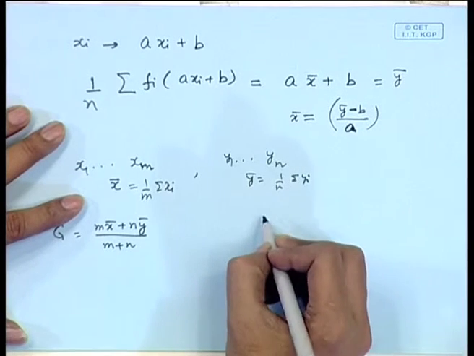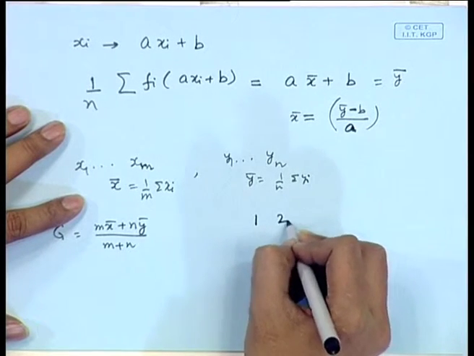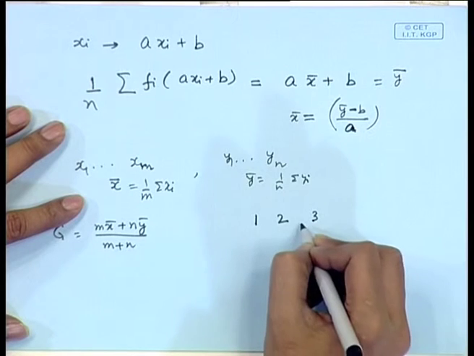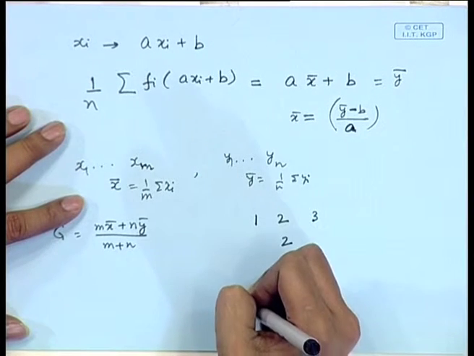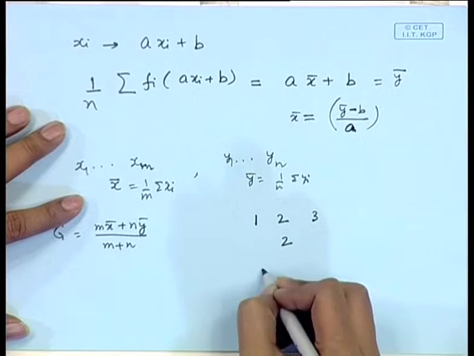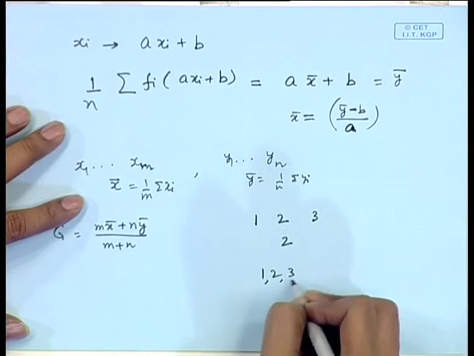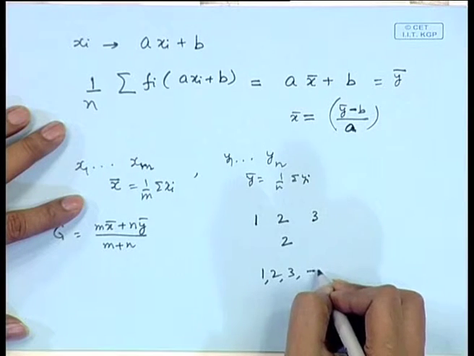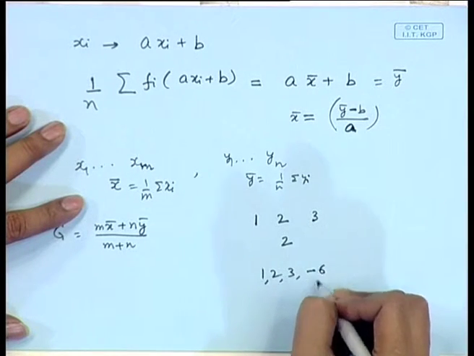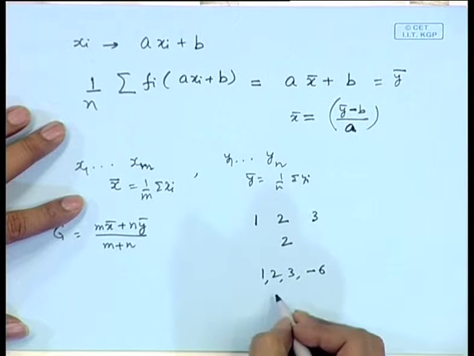However, it has one drawback. Suppose I consider 3 numbers 1, 2 and 3. What is the arithmetic mean? 1 plus 2 plus 3 is 6, 6 divided by 3 is 2. However, if I have 1, 2, 3 and another number is say minus 6, what will happen?